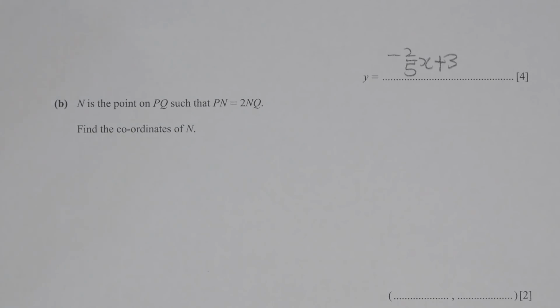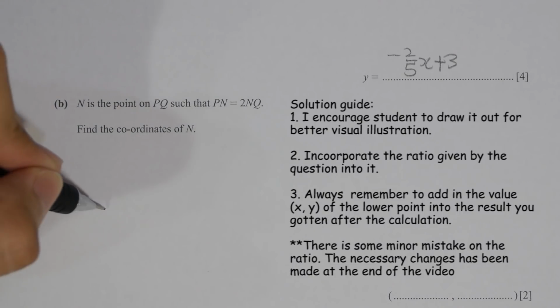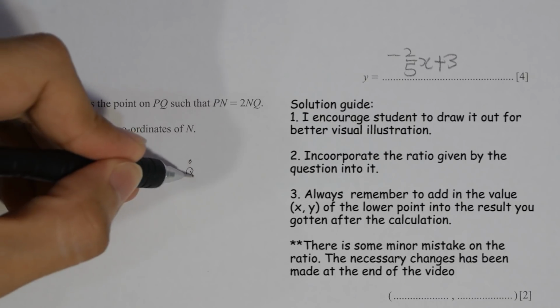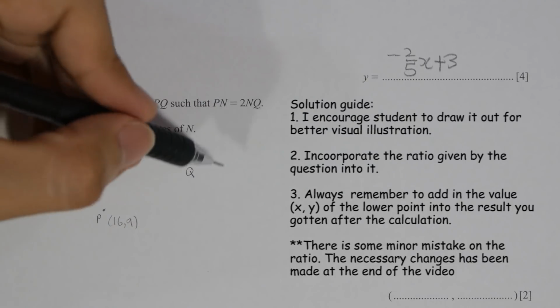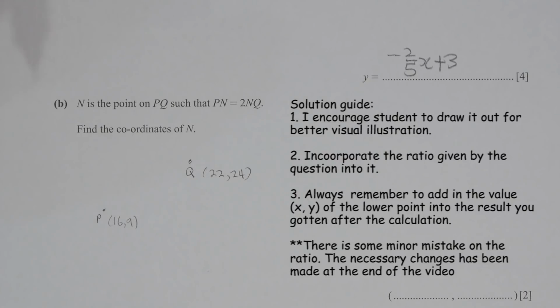For the last one, which is part B, N is a point on PQ such that PN equals 2NQ.